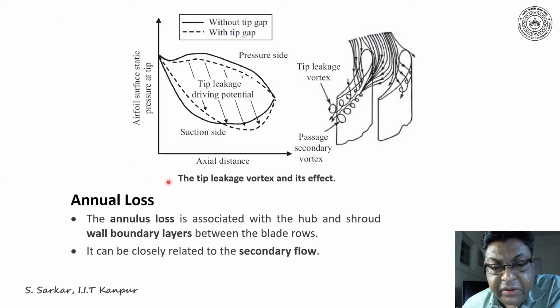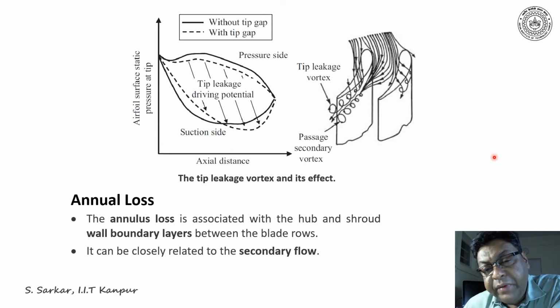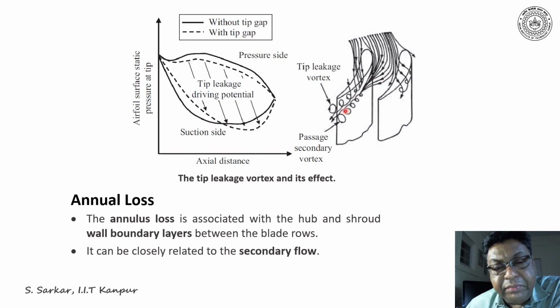I have illustrated here the effect of tip leakage vortex through some figures or schematic. I have indicated here a series of blades where, because of tip clearance, fluid leaks from the pressure to the suction side, forming tip leakage vortex. A chain of vortices has been illustrated here, and because of this tip leakage vortex, the pressure distribution on both the suction and pressure side has been affected.